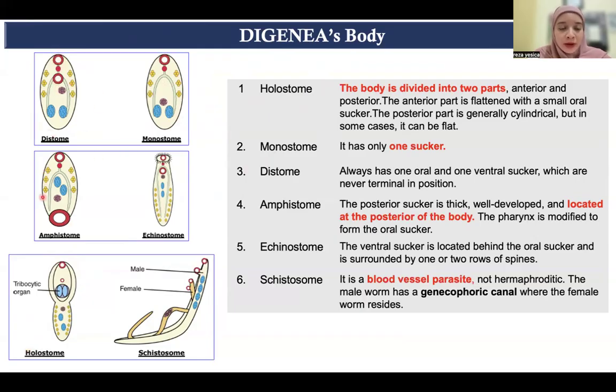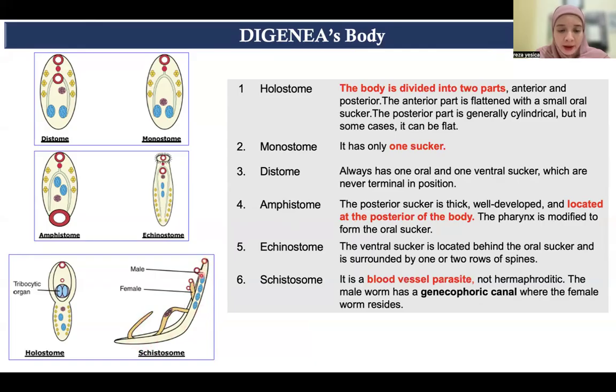And for amphistome, they also have two suckers, oral and ventral, but they develop and are located far apart, so it's called terminal position. And the fifth type is echinostome, like this one. The oral circle is surrounded by one or two spines. And the last one is schistosome. It's a blood vessel parasite, so they are not hermaphroditic. They have a male, and this one is the female.